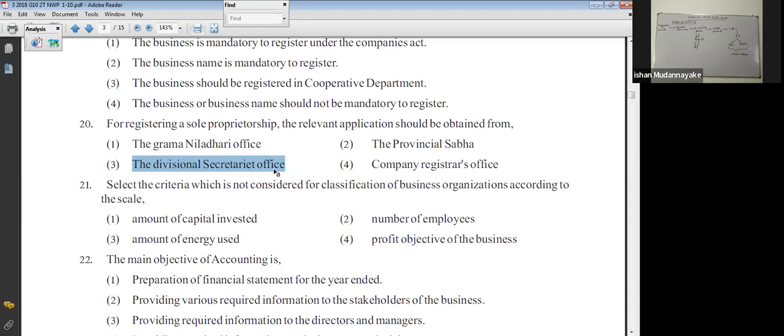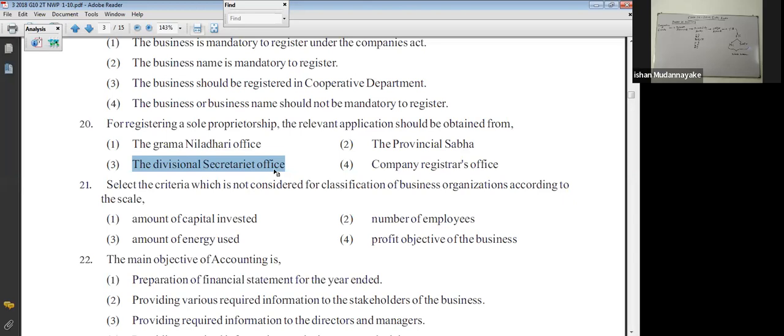In work pack 3, I have included those documents that you can collect from the divisional secretary office to register your sole proprietorship or partnership business.